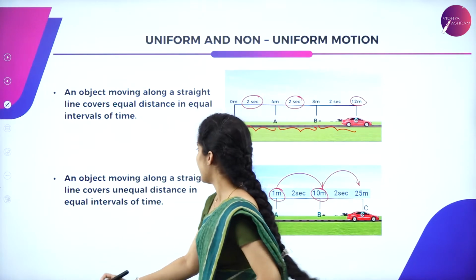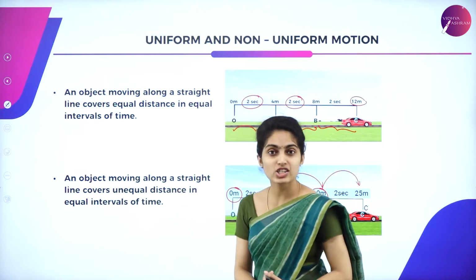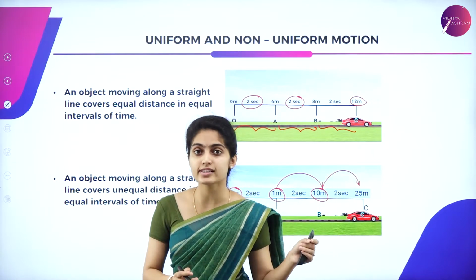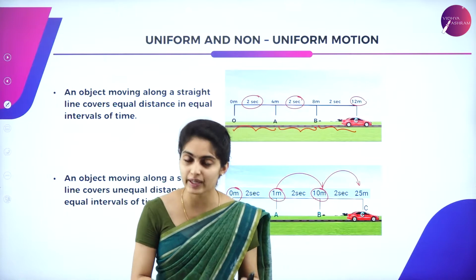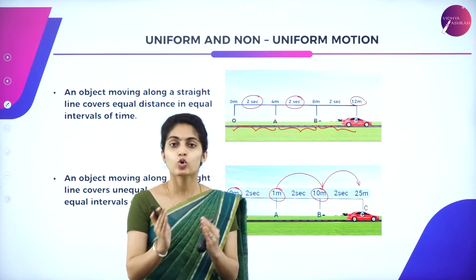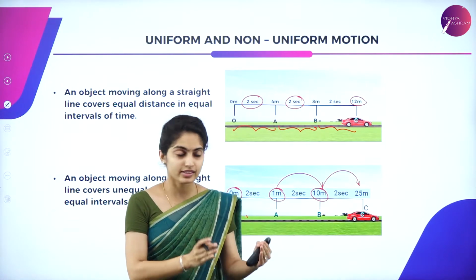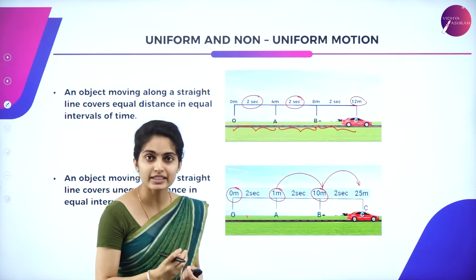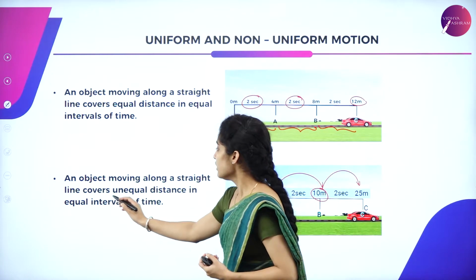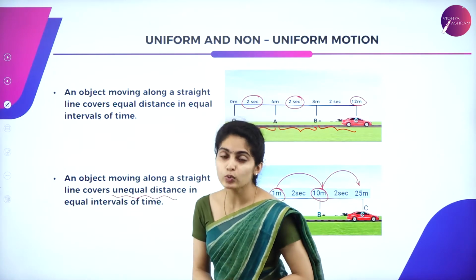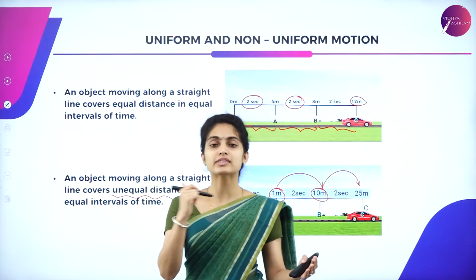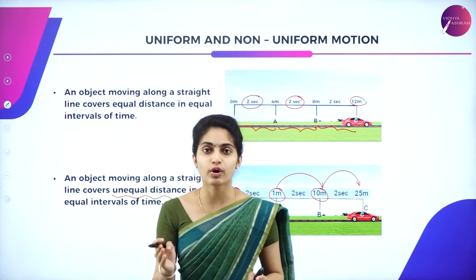So it is said that an object moving along a straight line covers unequal distance in equal interval of time. Time is always equal, only the distance varies. So unequal distance in equal interval of time is said to be non-uniform motion.